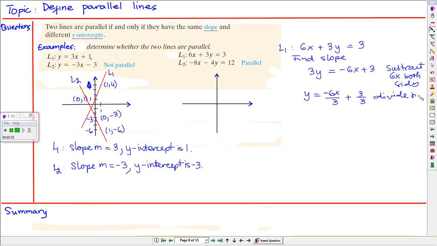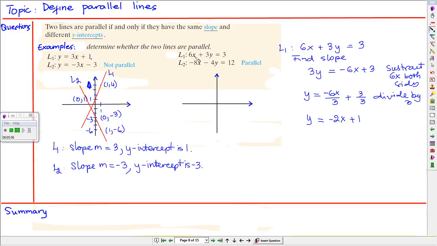Divide by 3. So we simplify the equation: negative 6 divided by 3 is negative 2, so y equals negative 2x plus 1.